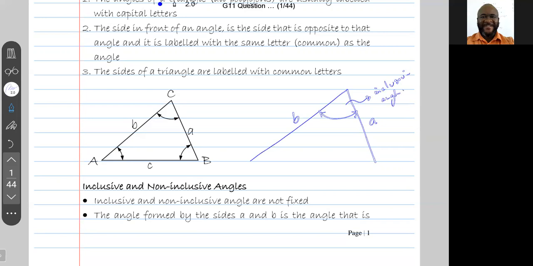It is the angle that is included between the sides A and B. Now, the other two angles of the triangle, this angle and this angle here, would be called the non-inclusive angles. Again, the angle that is formed by A and B is the angle that is included, or inclusive, between the sides A and B. The other two angles would be called the non-inclusive angles.